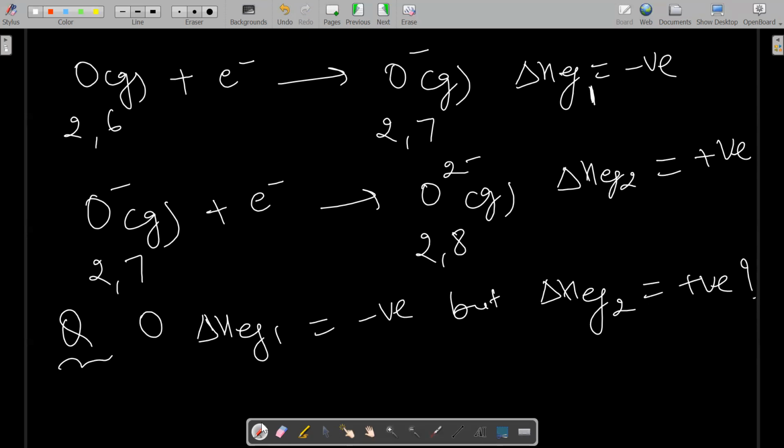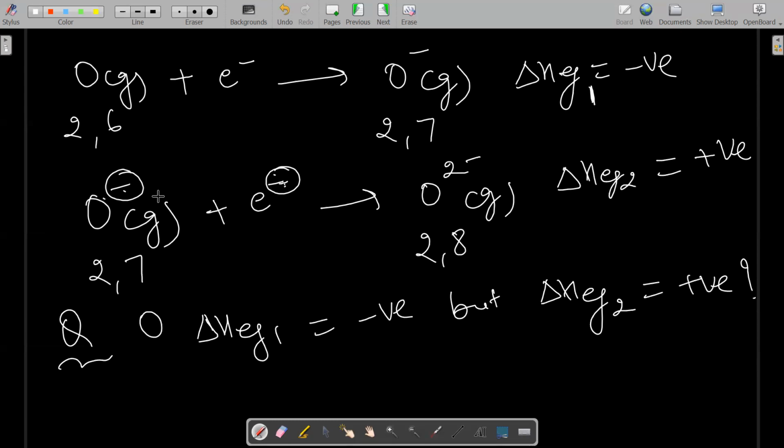So what is the reason for this? The first electron gain enthalpy is negative because the first electron is adding to a neutral atom. So energy is released. But in case of the second electron, when we add the second electron, it is added to what? A neutral atom or an anion? Anion. So the anion has a negative charge and the electron also has a negative charge. So all of you know that between these negatives, what occurs?